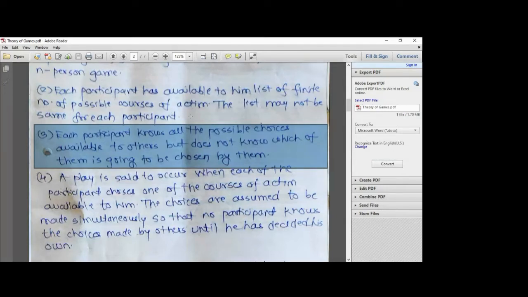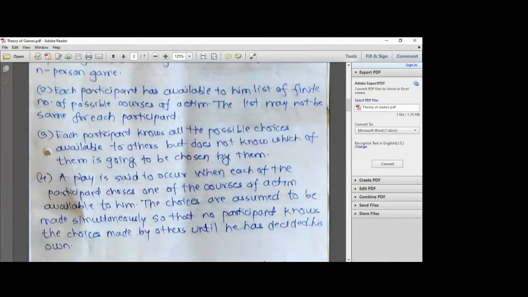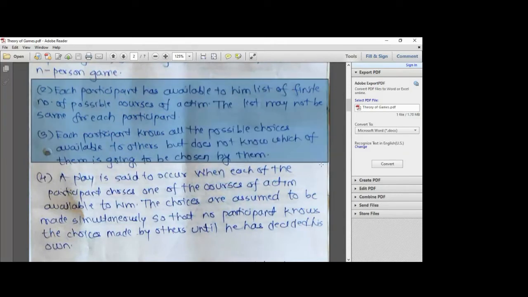So that is the beauty of this. Each of these should be thought of in combination. So each of the participants has his own list of actions, right?